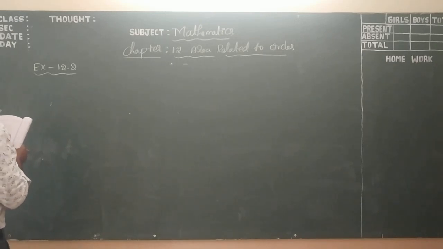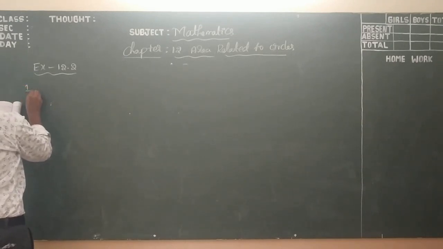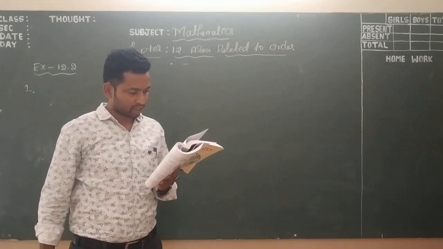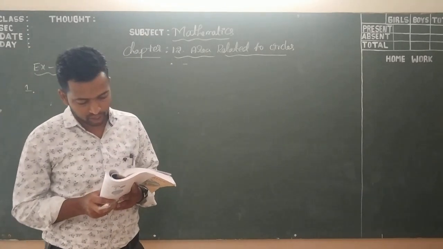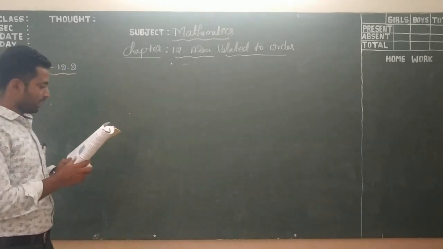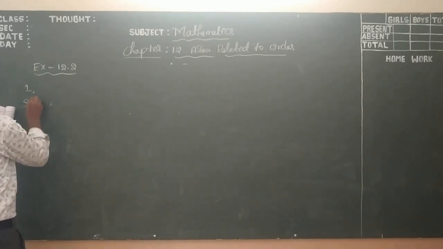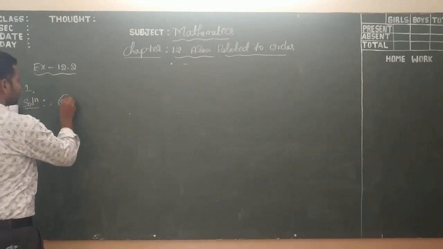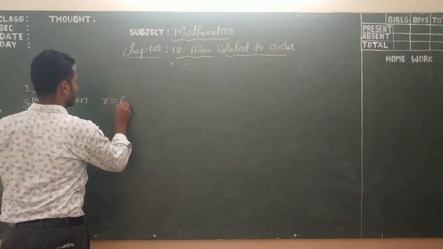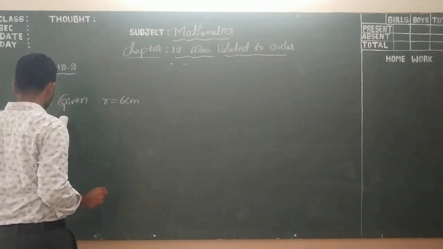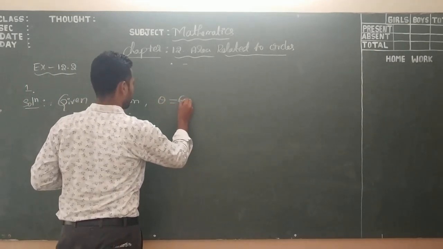Okay. So the first one is: find the area of a sector of a circle with radius 6 cm if the angle of the sector is 60 degree. Given solution: here the given radius is 6 cm, and the angle of the sector is theta equals 60 degree.